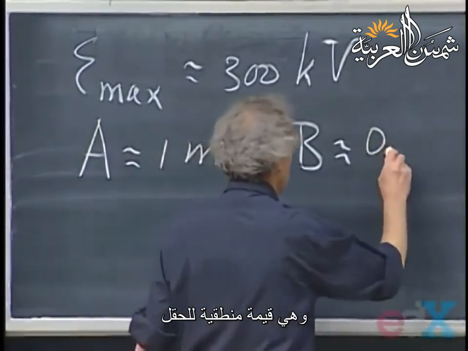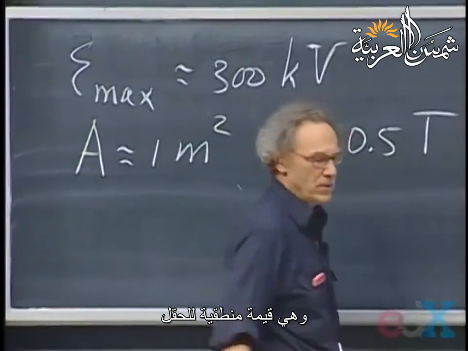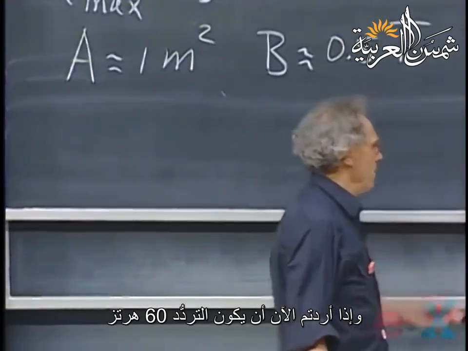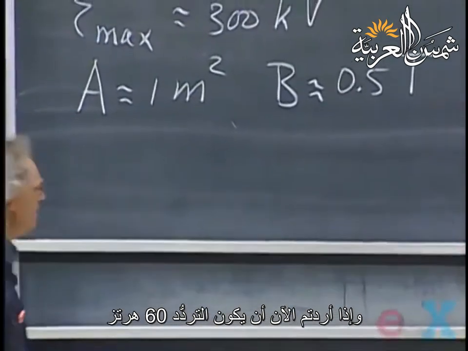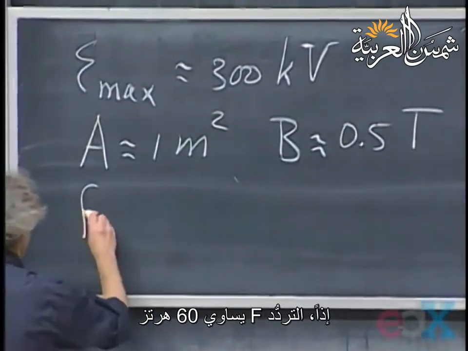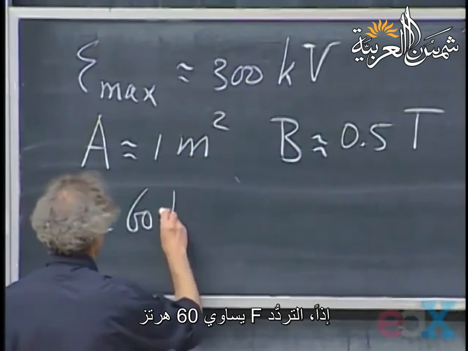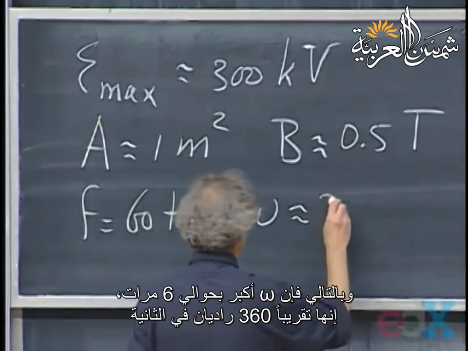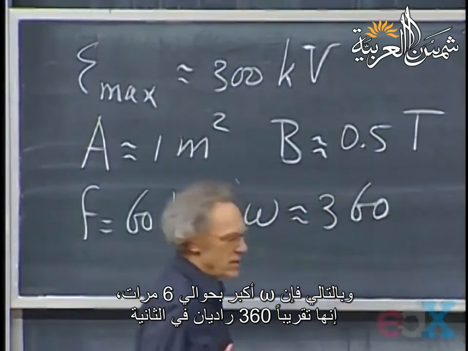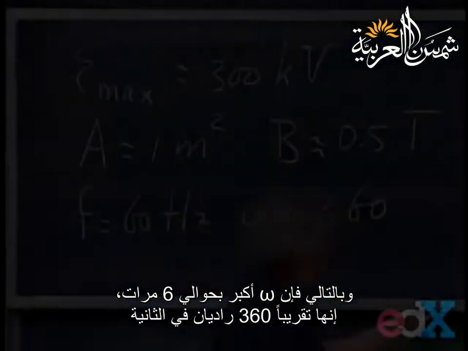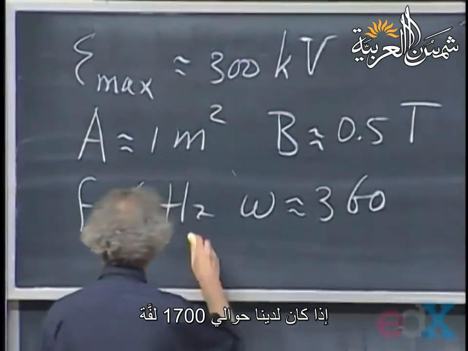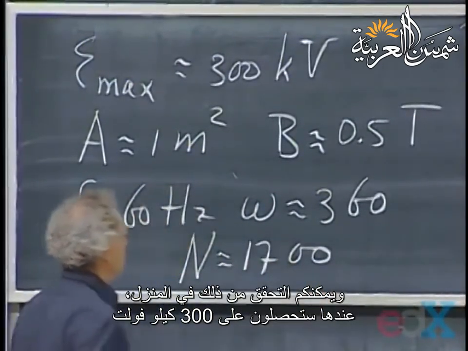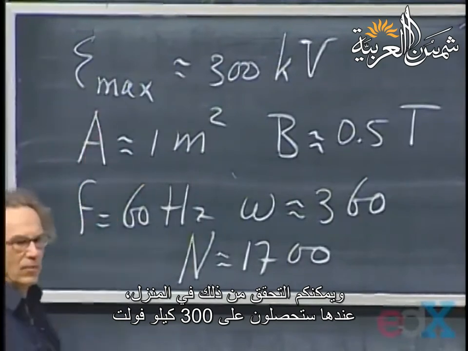By no means unreasonable numbers. And if now you want 60 hertz frequency, so your frequency f is 60 hertz, your omega is 2 pi f, about 360 radians per second. If now you have about 1700 windings, and you can check that at home, then you get your 300 kilovolts.